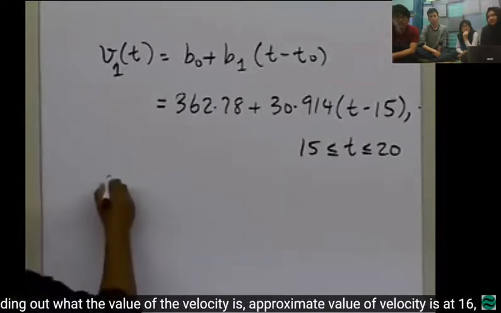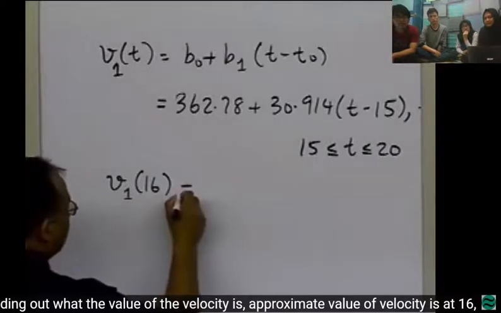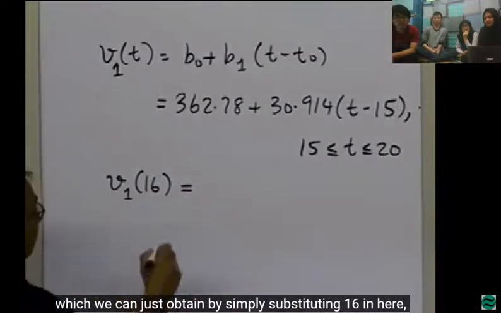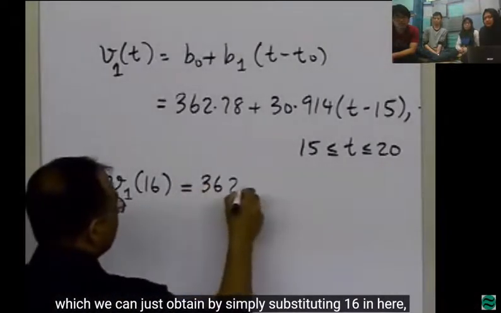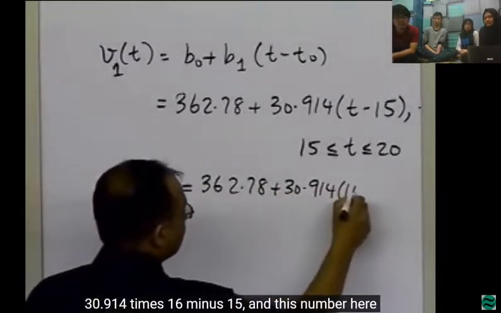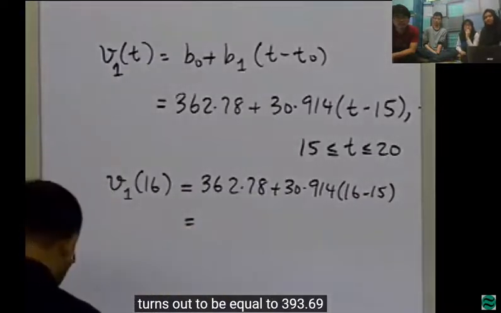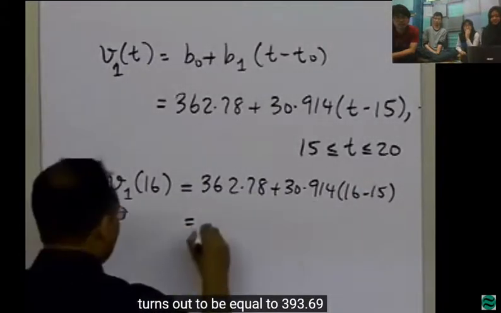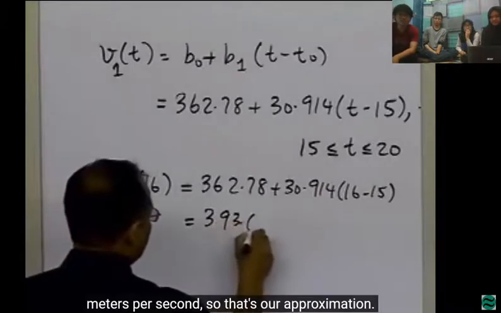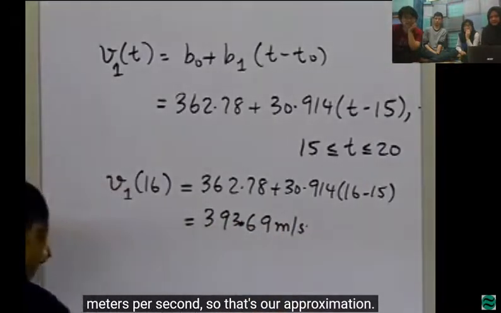However, what we are interested in is the approximate value of velocity at 16, which we can obtain by simply substituting 16 in here, 30.914 times 16 minus 15, and this turns out to be equal to 393.69 meters per second. So that's our approximation.